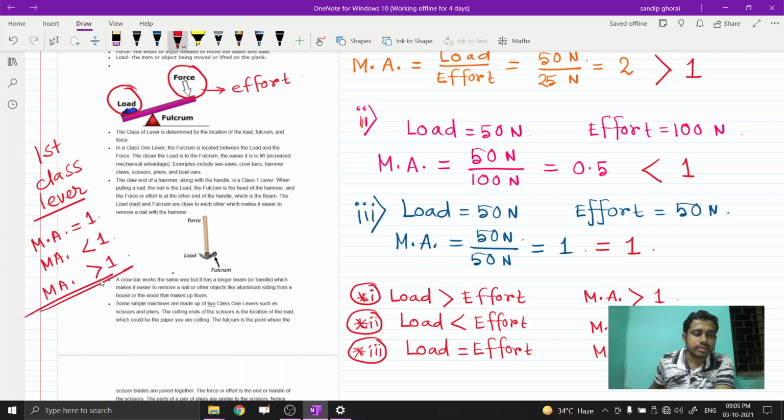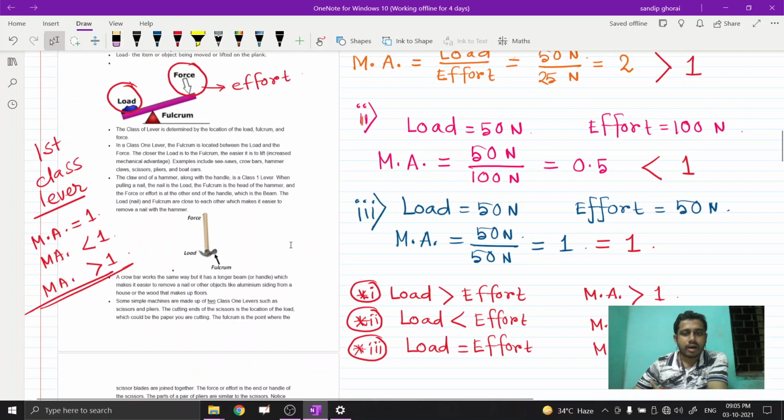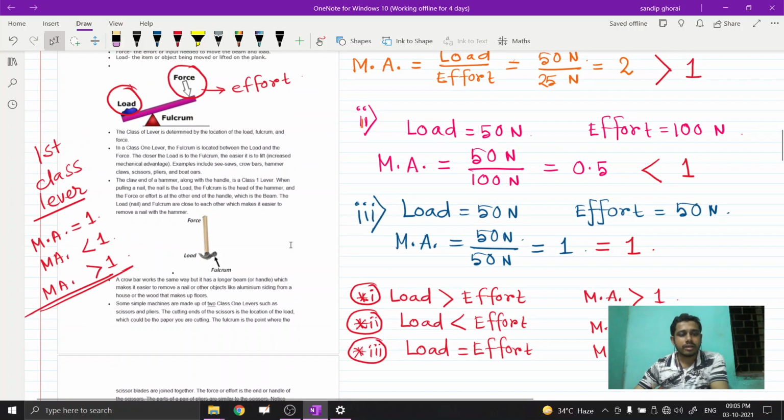That depends on the length of the load arm and effort arm.